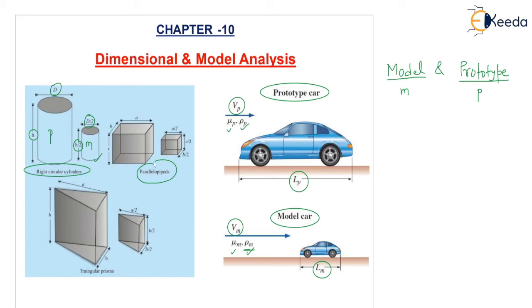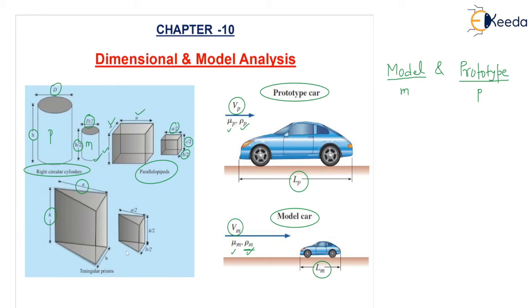Next one is the parallelepiped. In this case you can see A, B, C are the three sides of the parallelepiped. All the sides are again reduced by 50%: A by 2, B by 2, and C by 2. Then it is called a perfect model. This is a triangular prism. H is the height of the prism, A is one side of the base triangle, and B is the base of the triangular prism.